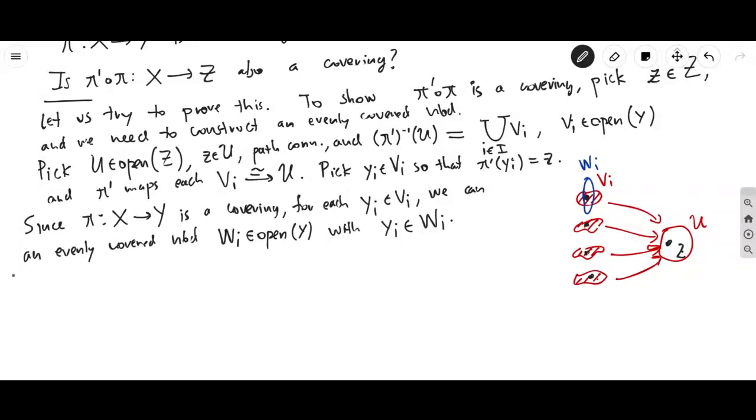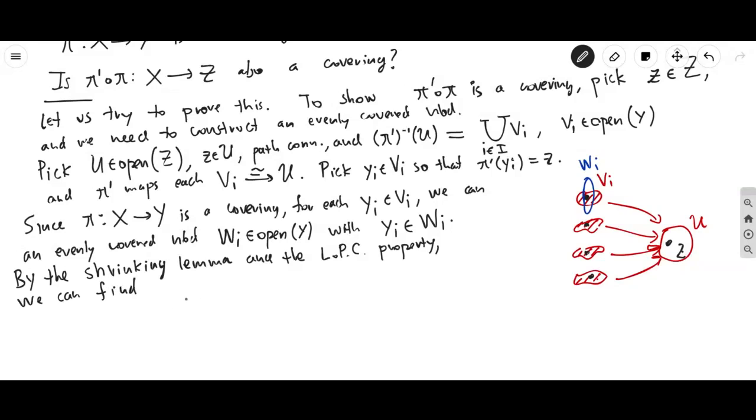So by the shrinking lemma and the locally path connected property, we can find an even smaller set. Let's call it Vi prime, that's sitting inside the intersection.